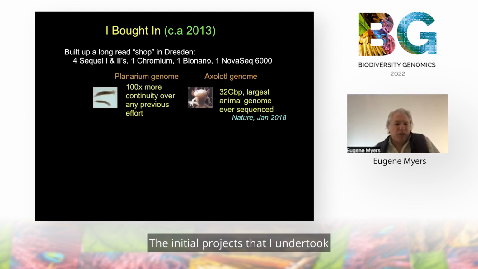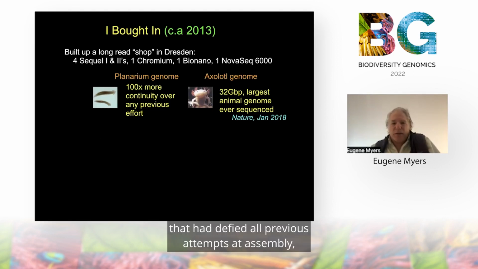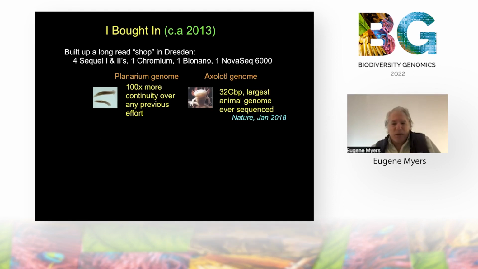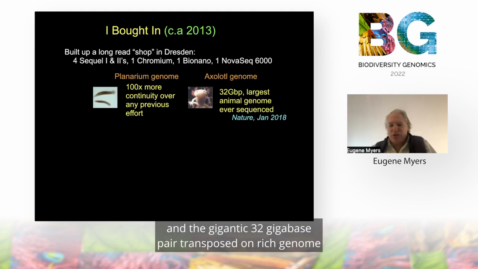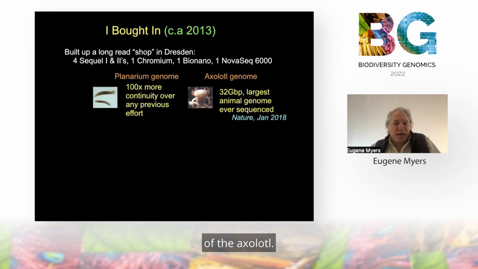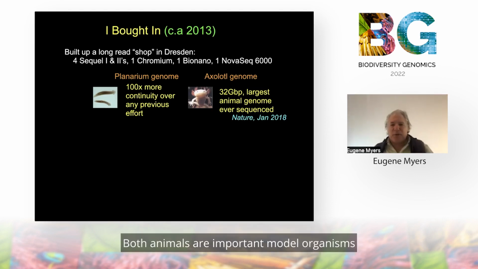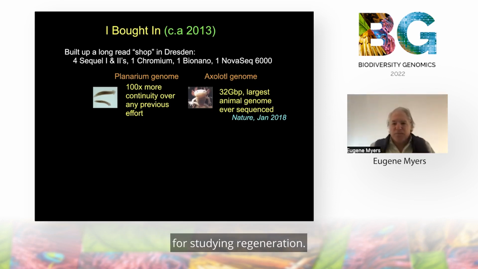The initial projects that I undertook were the 70% AT-rich planarium that had defied all previous attempts at assembly, and the gigantic 32 gigabase pair transposon-rich genome of the axolotl. Both animals are important model organisms for studying regeneration.